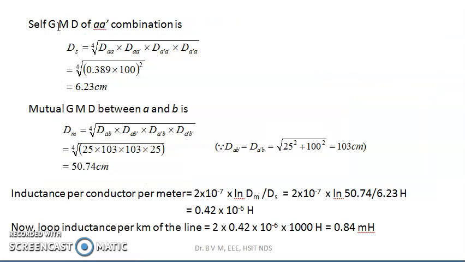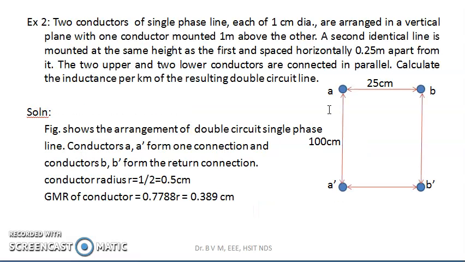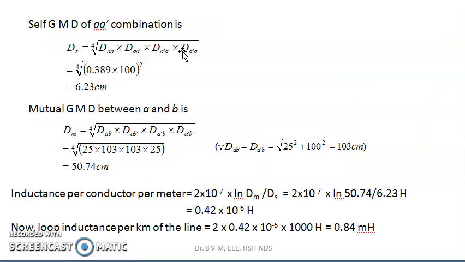First let us calculate the self GMD of the A A dash combination. What is the self GMD of the A A dash combination? D of AA, next D of AA dash, next D of A dash A dash, next D of A dash A. There are four combinations.